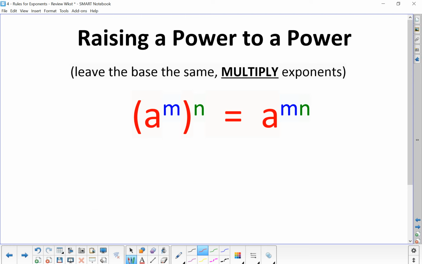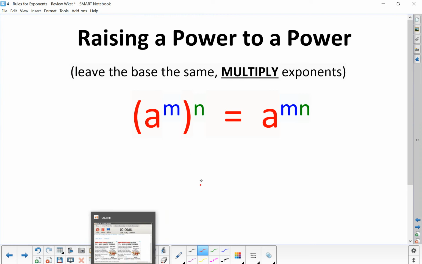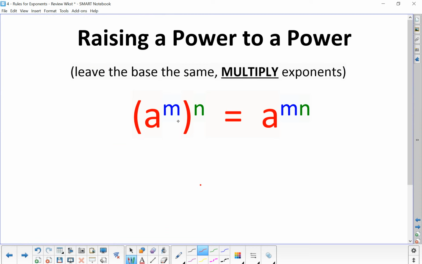Now be careful to look at your bases when you have an expression raised to a power. If I have, let's say, 5m to the 5th power, and I'm going to raise that entire expression to the 3rd power, then look carefully what I do. I'm going to multiply this exponent times this exponent. But 5 and m are actually two separate factors.